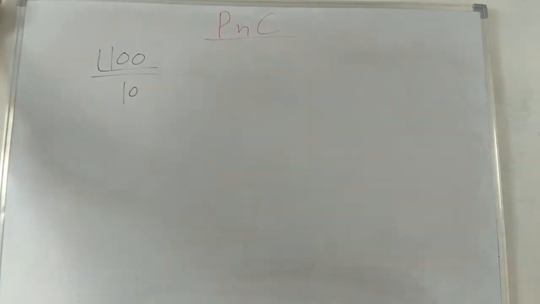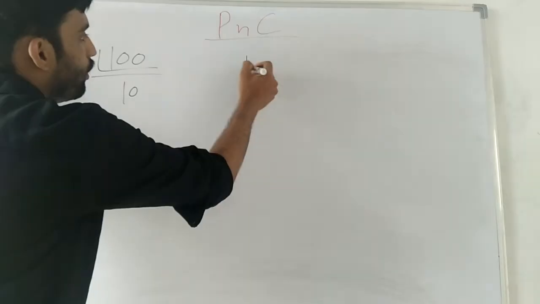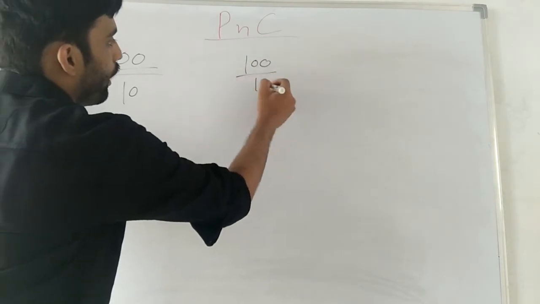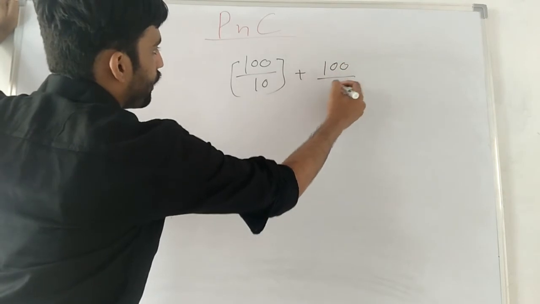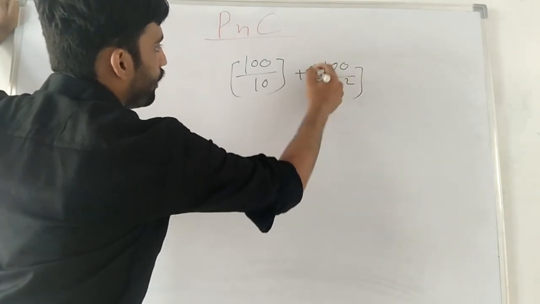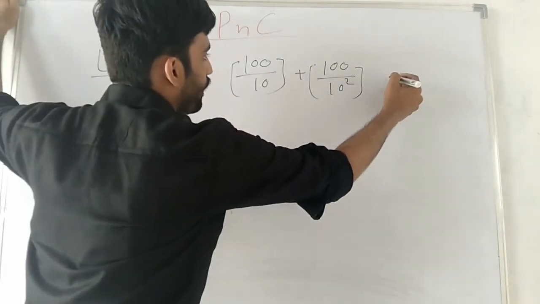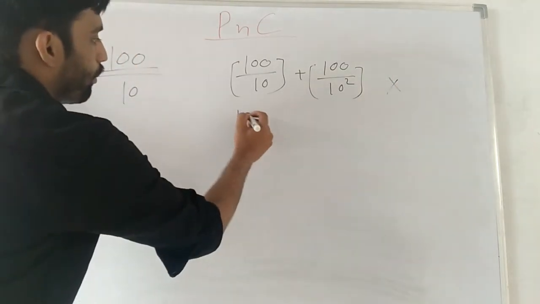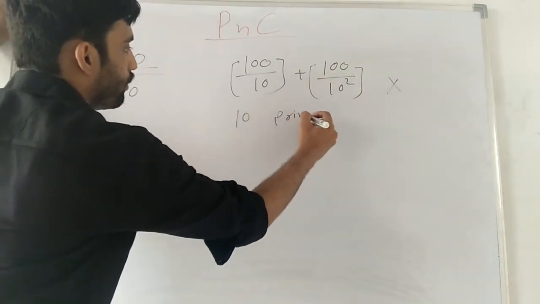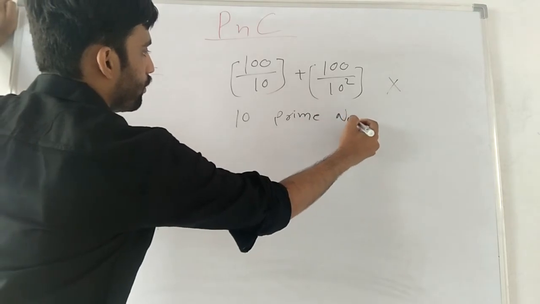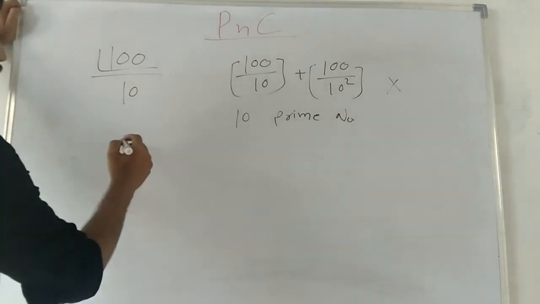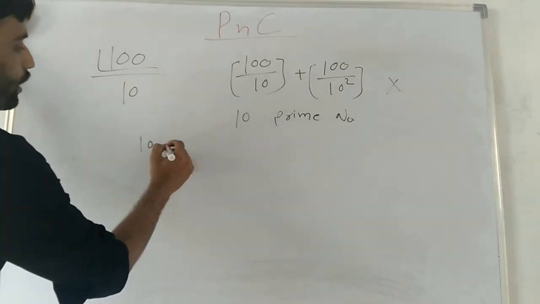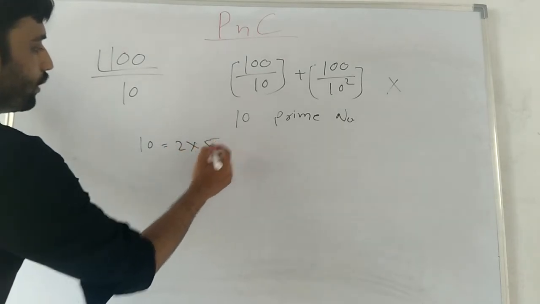So to find the number of zeros, you will do the same: 100 divided by 10 plus 100 divided by 10 square, but again you are making the same mistake because 10 is not a prime number. We will first convert it into prime numbers, which means 10 can be written as 2 into 5.